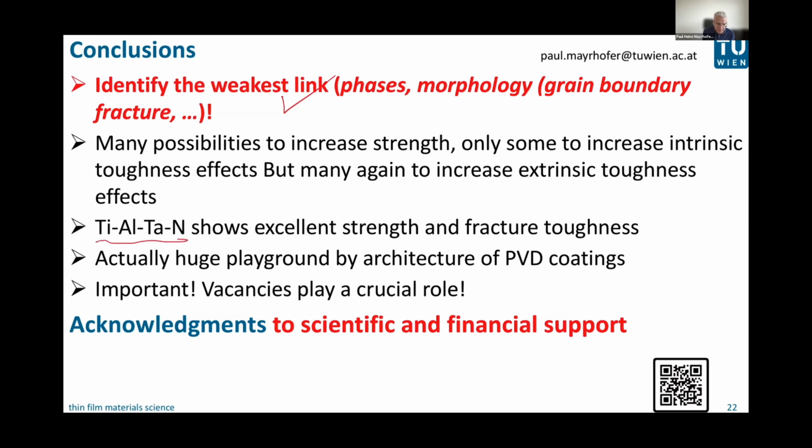Titanium aluminum nitride is an extremely effective material, but we investigated different strategies to further increase the toughness, and there is the superlattice effect, but also the phase transformation effect. And I hope I could show you that especially physical vapor deposition is an extremely versatile playground to modify materials.